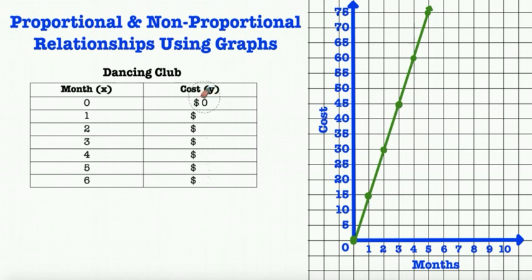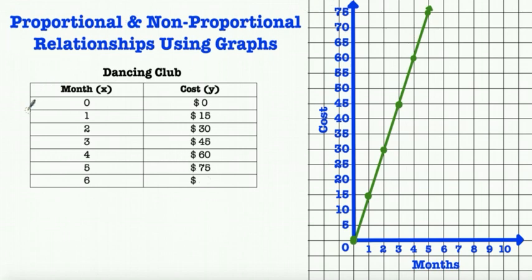So we have 0, 0, 115, 230, 345, 460, and 575. Our graph does not go higher, so I'll leave that blank for now.